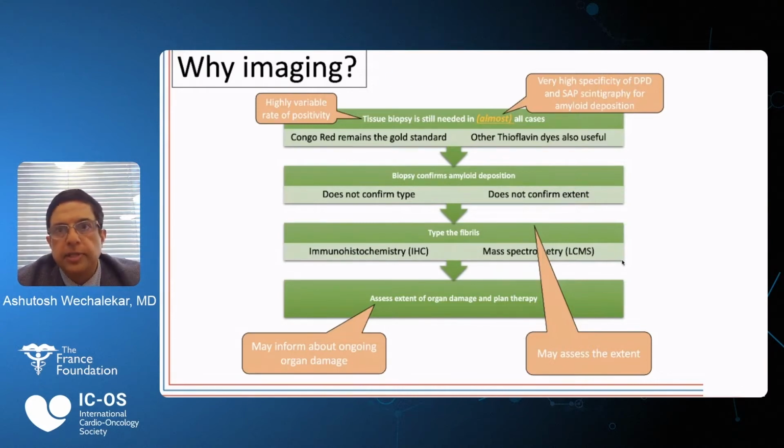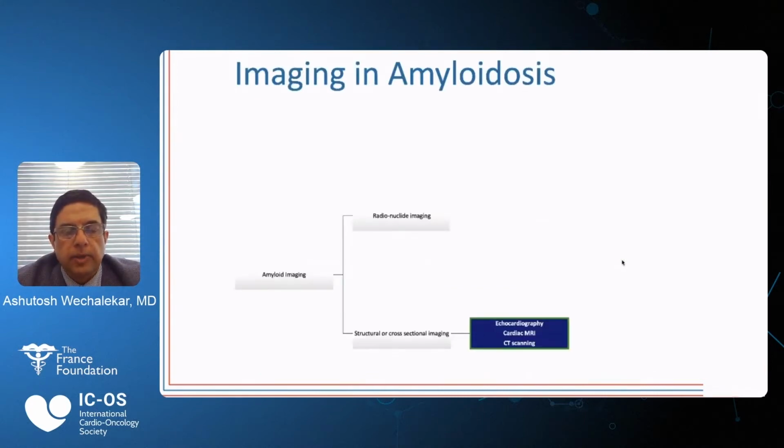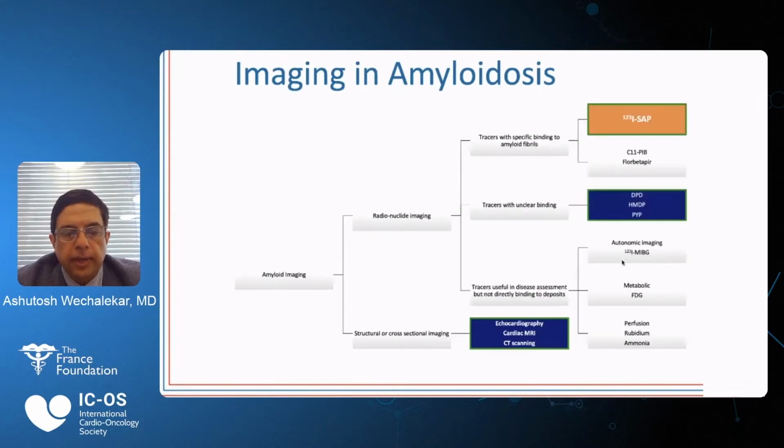Next slide, please. So imaging in amyloidosis can be of multiple different types. It can either be radionuclide imaging or structural imaging. We'll hear later on about the cross-sectional structural imaging of echocardiography, cardiac MRI, and CT.